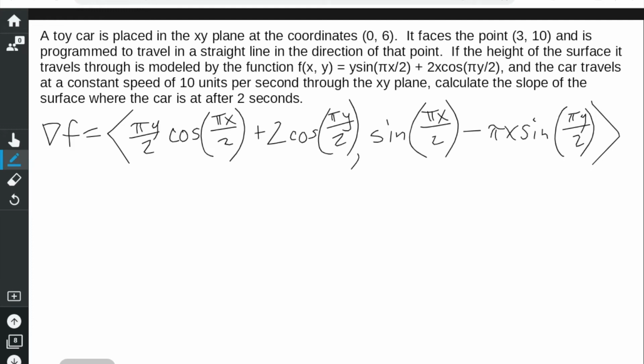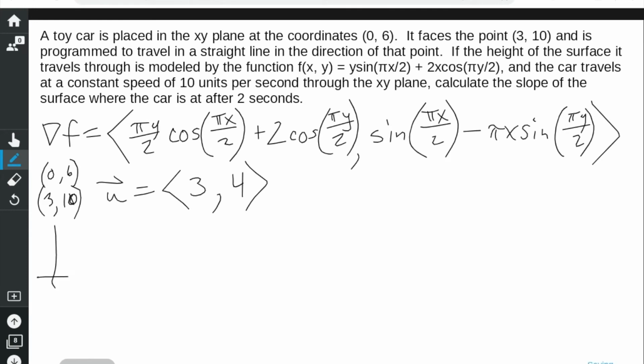Now we need to find a direction vector. Our direction vector is the vector that passes through the points 0, 6 and 3, 10. I'm going to call it u. So we'd be going 3, that's a 10, sorry, and then 4. So our direction vector would be 3, 4. But to find the directional derivative, we need this direction vector to be a unit vector.